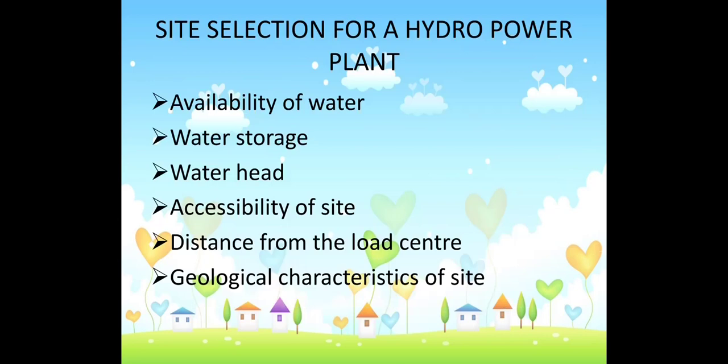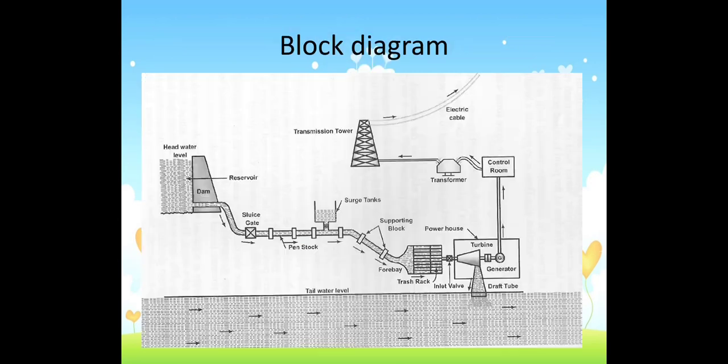Distance from the load center: as the distance increases, losses increase, since heat energy losses are more in electrical transmission. And the geological characteristics of the site. What do we mean by that? It means the rate of rainfall in that area, which is a main parameter in selecting a hydro power plant.